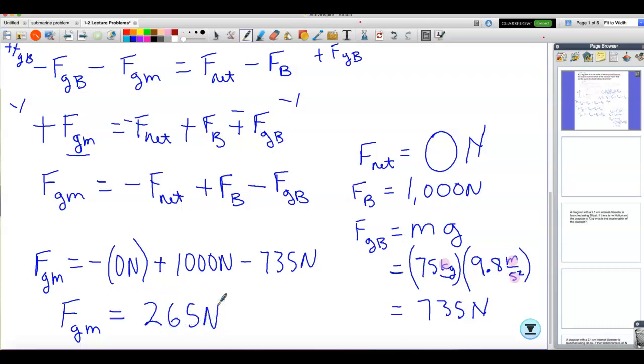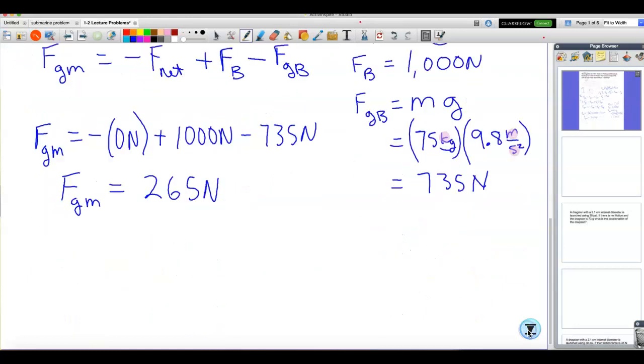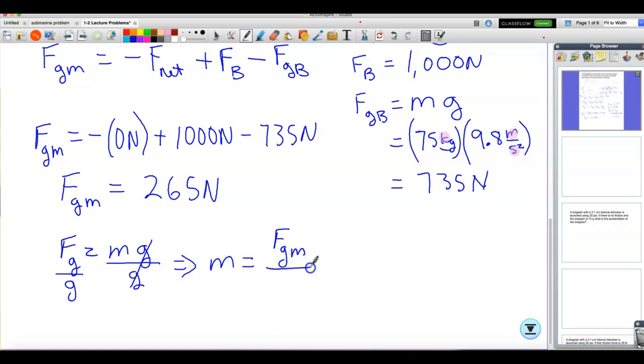Now remember, we're looking for the mass. That's our gravitational force, so we've got to get our mass again. We come back to our weight equation, or gravitational force equation, m times g. We want the mass, so we move the gravitational acceleration by dividing both sides by it. That cancels, so our mass equals the gravitational force of the mass divided by gravitational acceleration. Going back up, the gravitational force of the mass was 265 newtons.